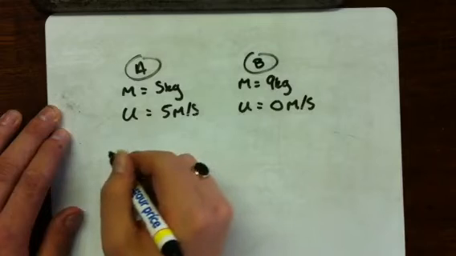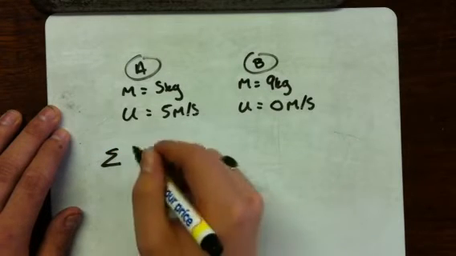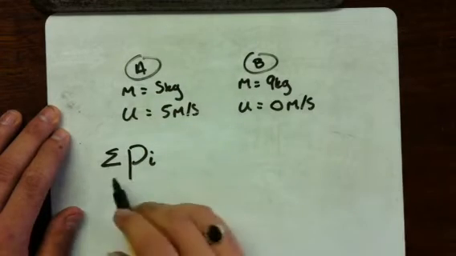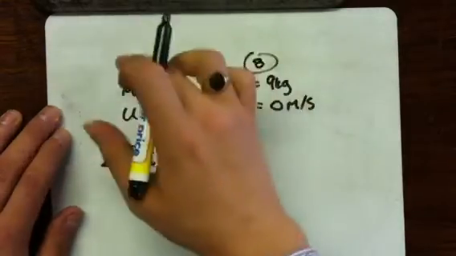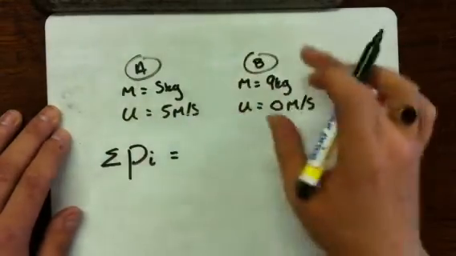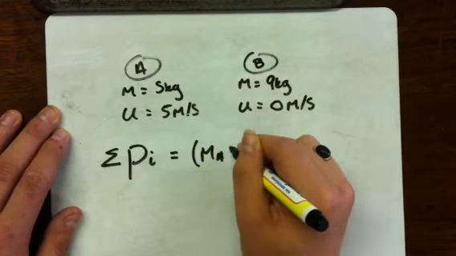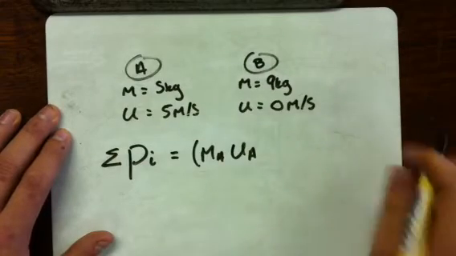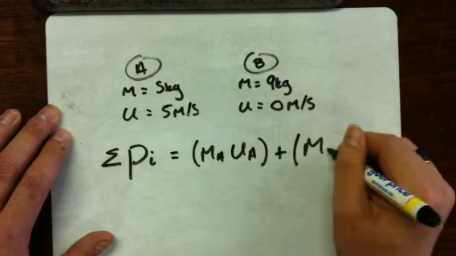We represent that with capital sigma, which is the sum of momentums in the initial situation, sum of initial momentum. Now that will be equal to the initial momentum of A plus the initial momentum of B. So that will be m_A u_A. Remember, initial velocities are represented by the letter u. Plus m_B u_B.